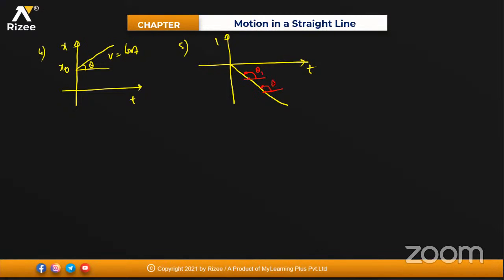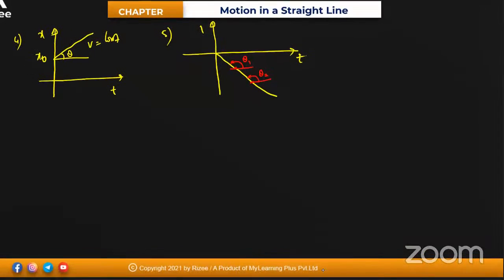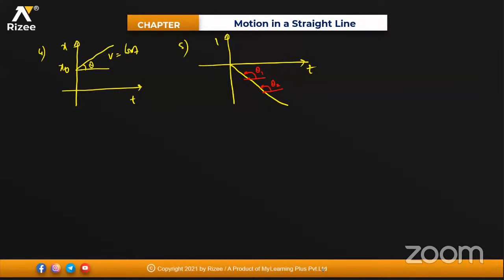This one will be your theta 2. Theta 1 is greater than 90 degrees and theta 2 is also greater than 90 degrees, isn't it? Theta 1 is greater than 90 degrees. Theta 2 is also greater than 90 degrees.